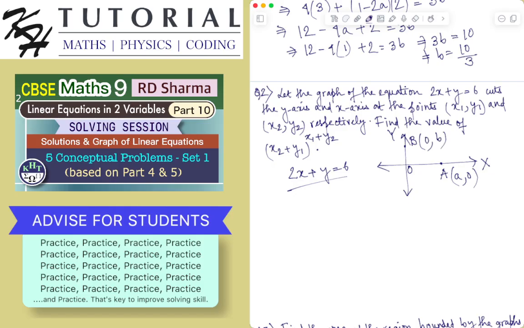Now the point B could be below the origin and the point A could be to the left hand side of the origin, which will be clear when we find the values of a and b.